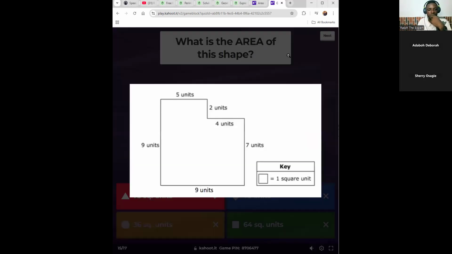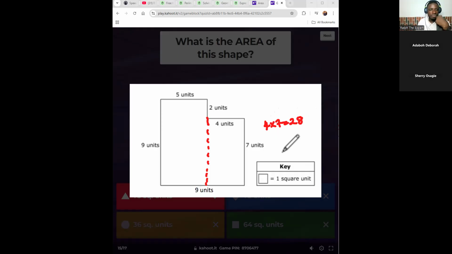This was it. You were to divide the shape into 2. Then you can easily calculate the smaller rectangle to be 4 times 7 equals 28. Do you understand this?